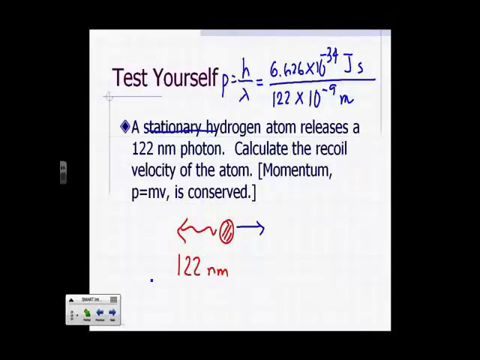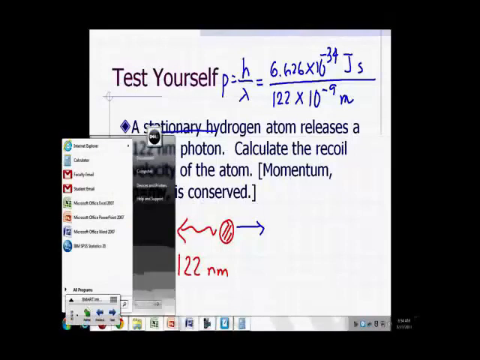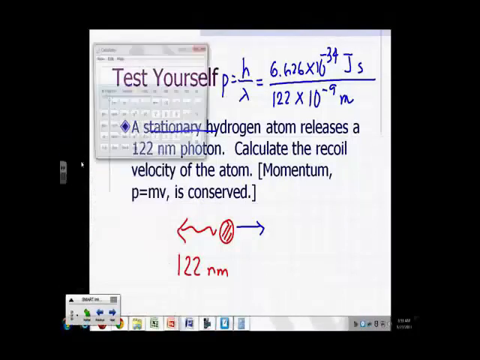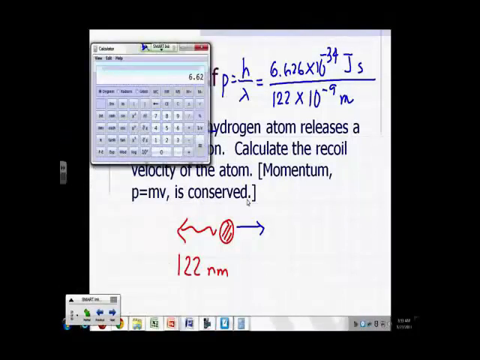That gives us 6.626 times 10 to the negative 34 divided by 122 times 10 to the negative 9, which equals 5.431 times 10 to the negative 27.